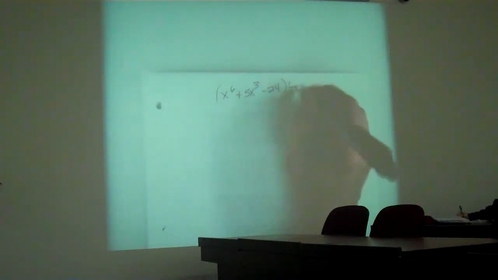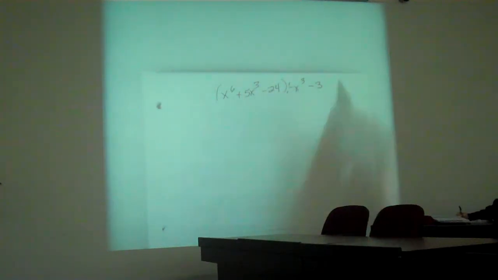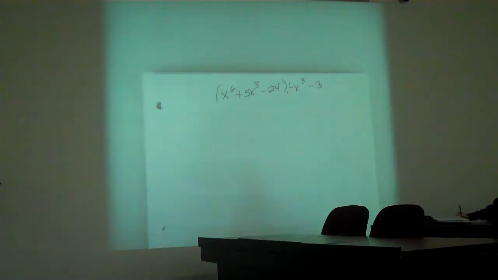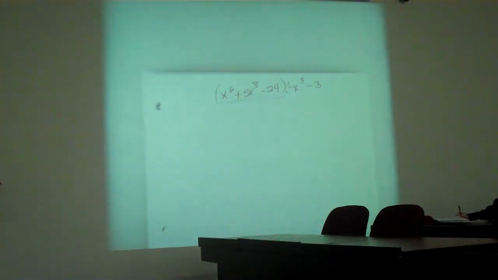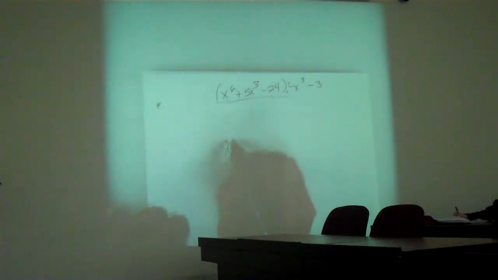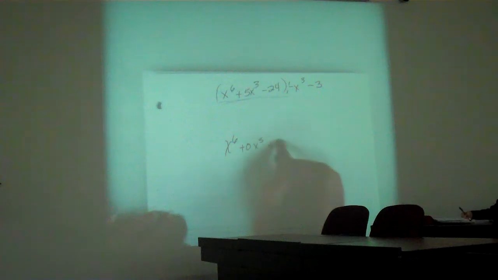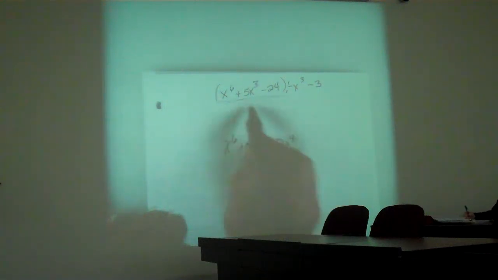Divided by x to the third power minus 3. Okay, so this part goes under the division sign, right? We probably want to put in some terms that aren't there. We have the x to the 6, there's no x to the 5s. So let's put 0x to the 5, 0x to the 4.